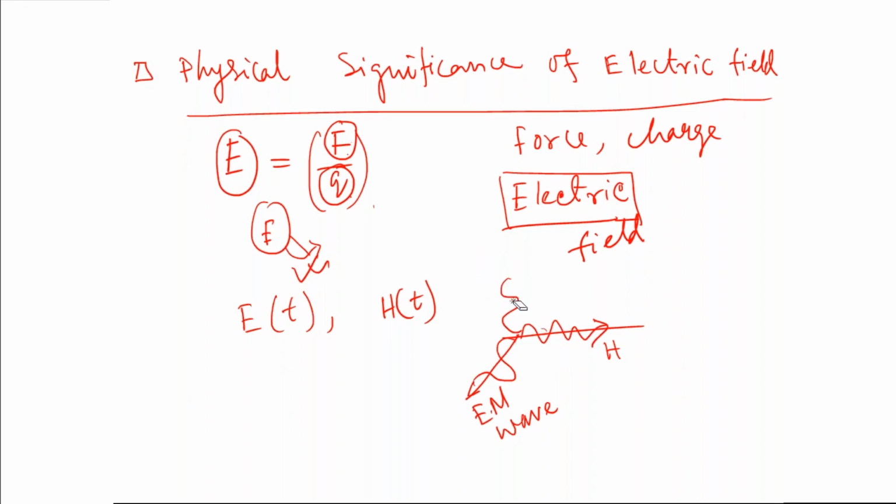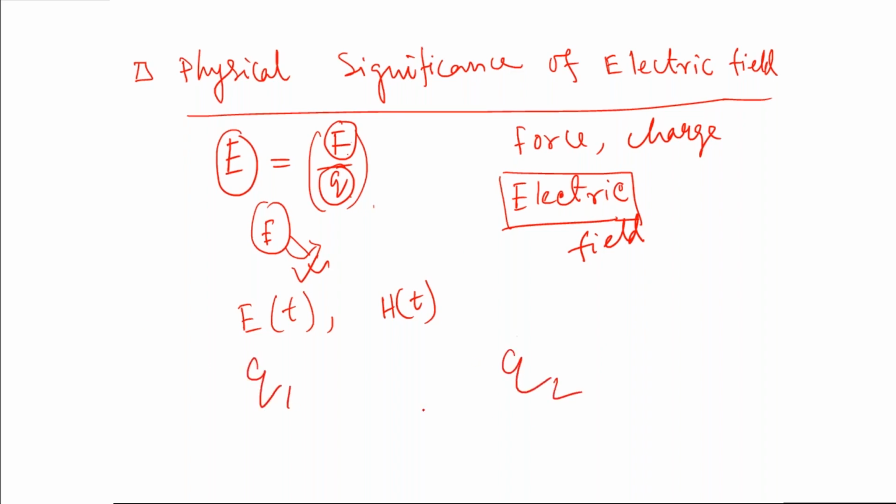So look, in case of electrodynamics, where the electric and magnetic fields vary with time, suppose I have two charges, Q1 and Q2. They are moving, and they have uniform acceleration. Do you feel these two will be experiencing a force or not?